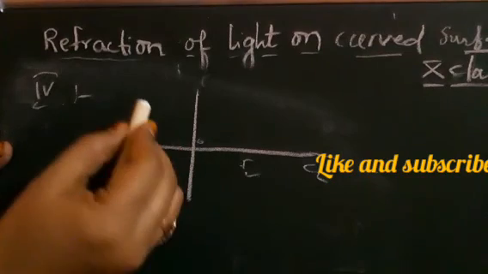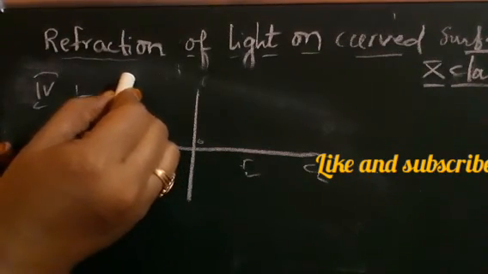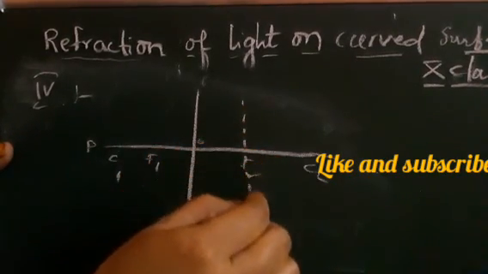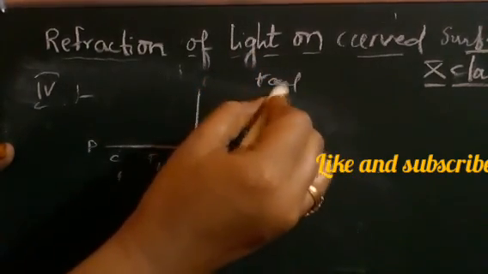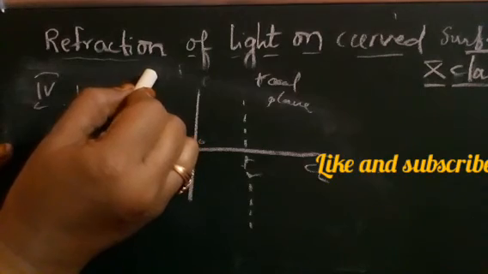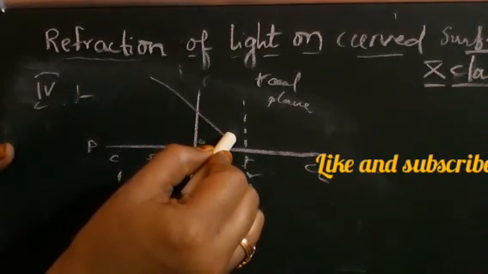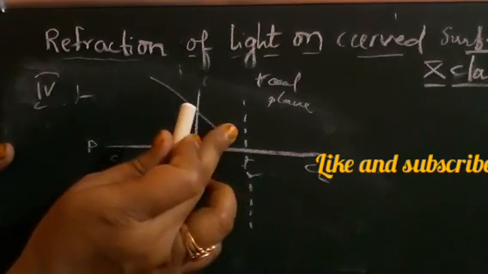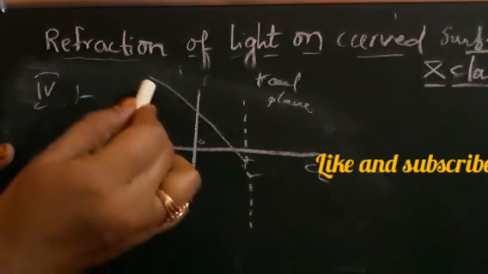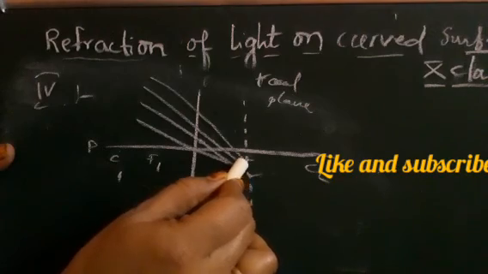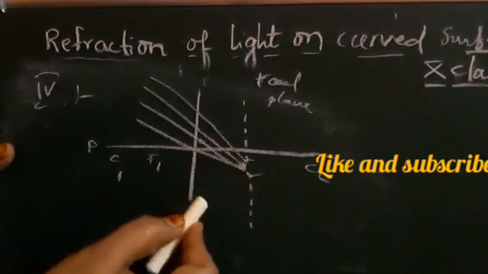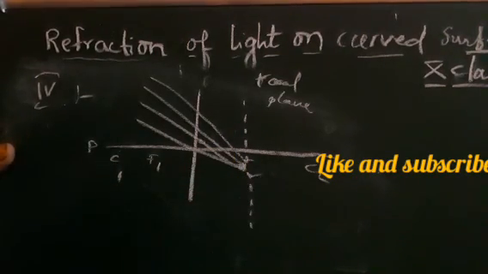See what is happening, all the rays are falling like this, right? So we have taken this as a focal plane. Yes, focal plane. Now all the rays are falling like this. They may get converged here, or they may get refracted.